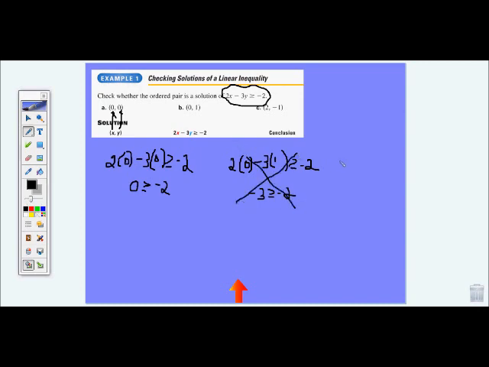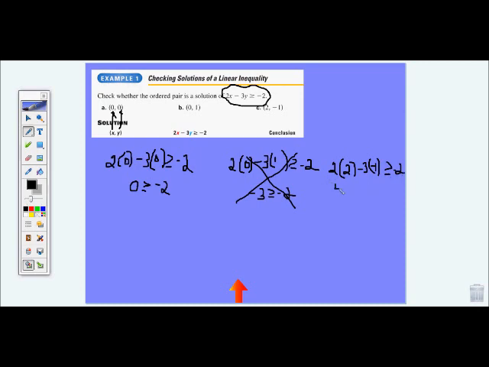And then if we look at the next one, we have 2 times 2 is my x value, minus 3, careful with your integers here because it's times a negative 1 is my y, and is that greater than or equal to negative 2?